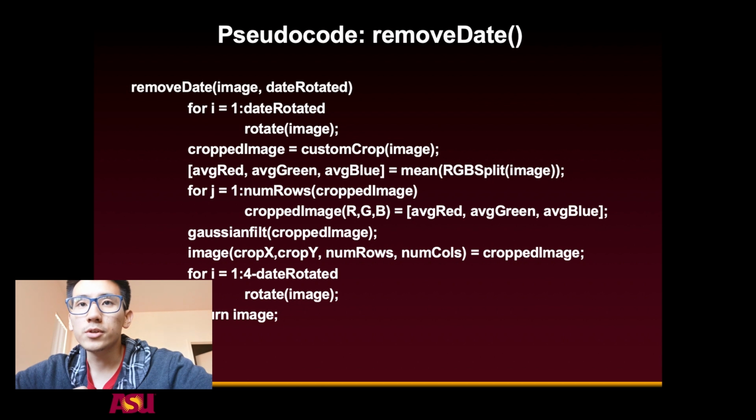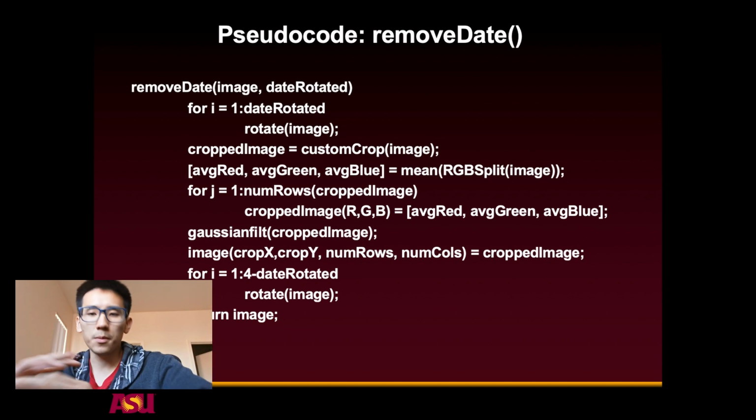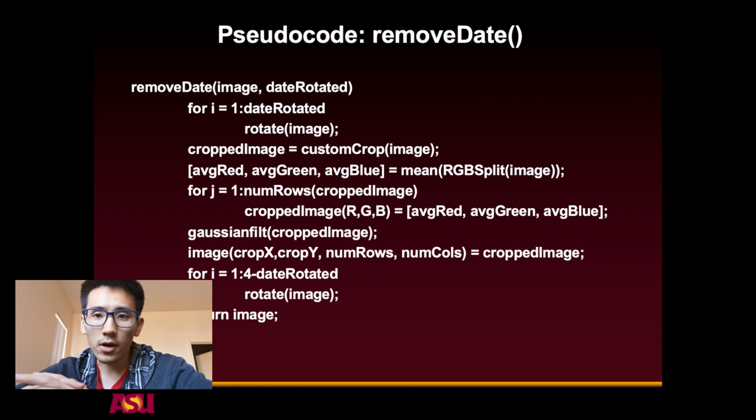So for the remove, we need to do two steps. First is to rotate the image. We will need to keep the timestamp region on the right bottom.